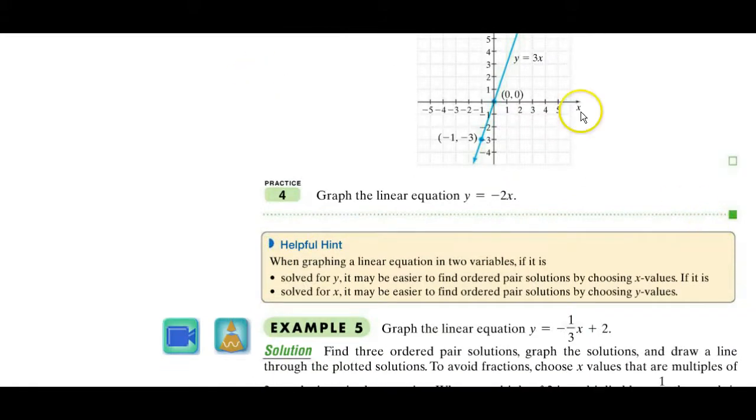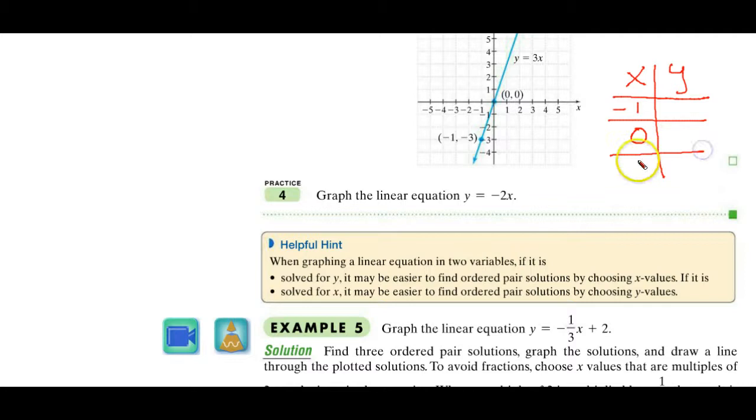All right, so for this one, let's plot this one too. So make a little T-chart, x, y, and again, we'll just use a -1, a 0, and a +1. So if x is a -1, -2 times -1 makes this a 2.